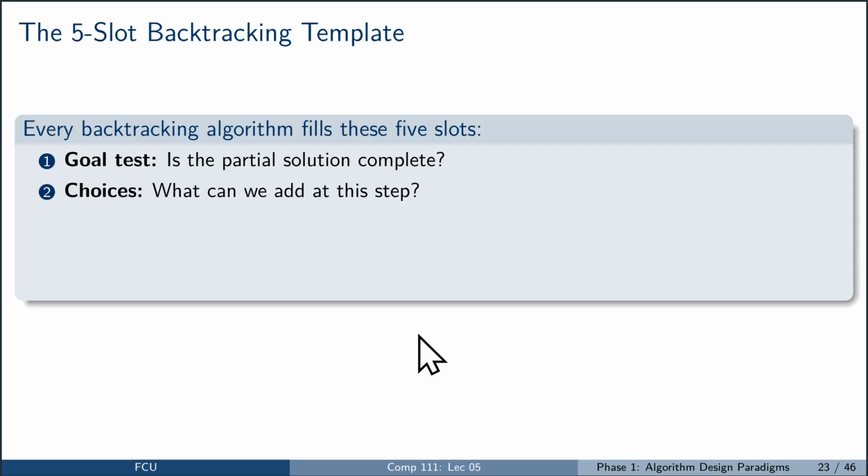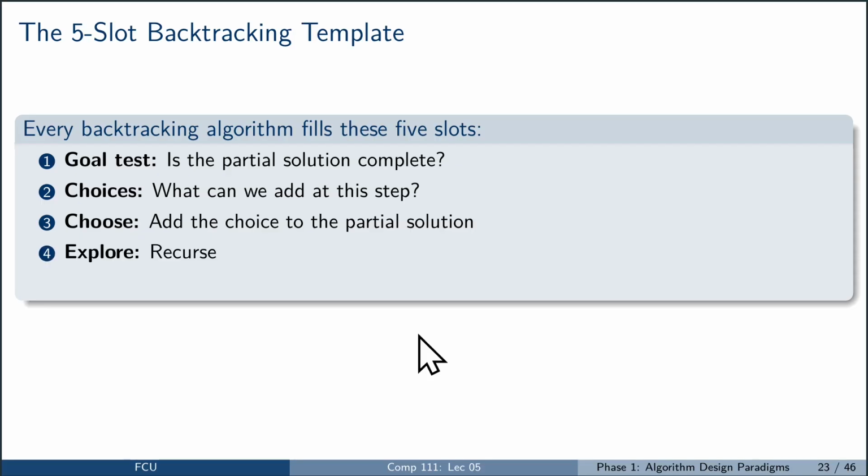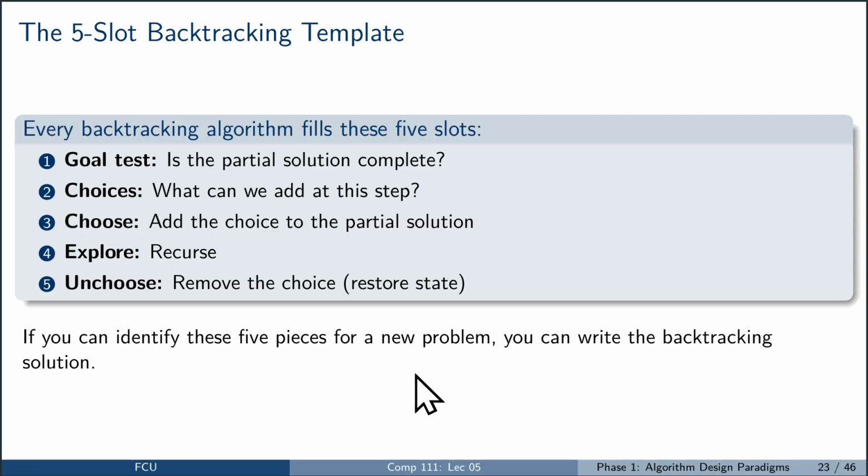And then choices: what can we add at this step? And then you actually choose and add the choice to the partial solution. And then you explore, you proceed recursively. You go down the path and then you explore the entire subtree. And then once you have explored everything, you come back and then you unchoose.